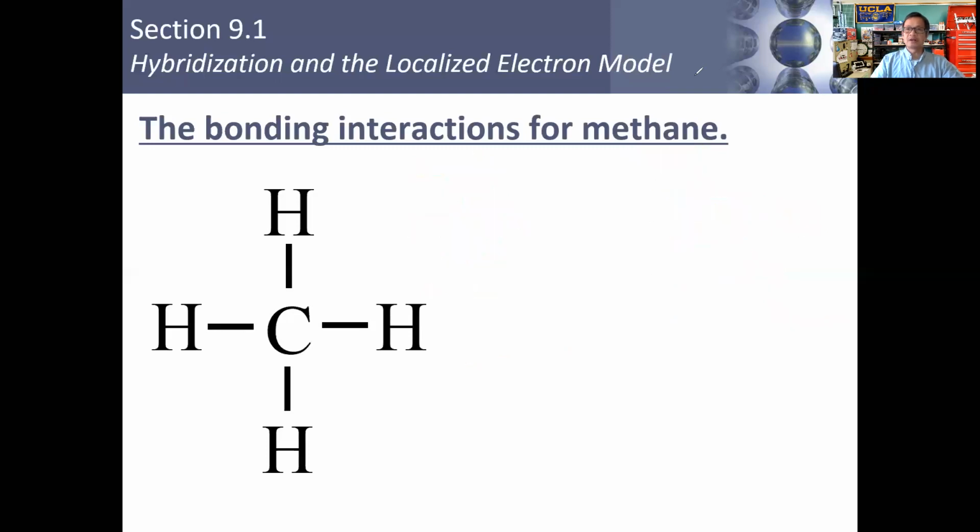Let's go ahead and talk about what these orbitals are and how they interact with one another. So we saw that with the carbon here, and I'm just going to draw this to the side here, there are going to be 4 sp3 hybrid orbitals that form, and the hybrid orbitals kind of look like a flower petal.